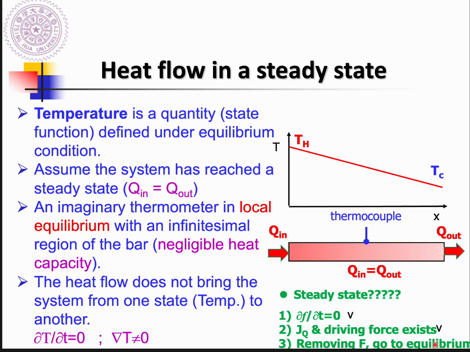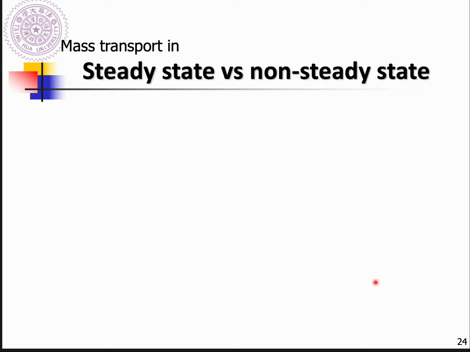So it will go to thermodynamic equilibrium. So I will say this case actually is heat flow in a steady state. Okay? And the second case we will talk about is mass transport, also in steady state. And here we talk more about the non-steady state part.